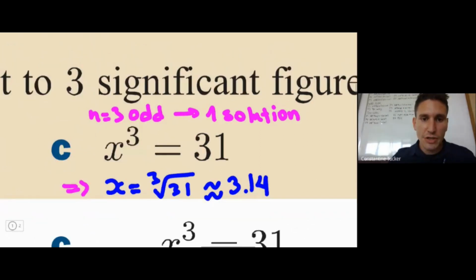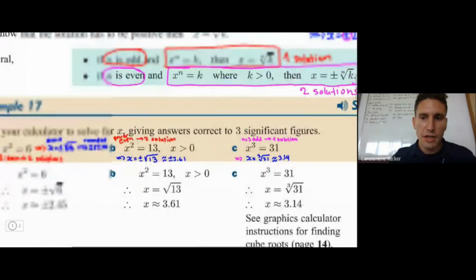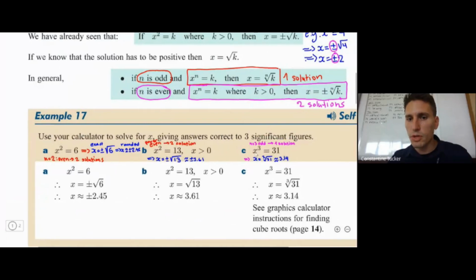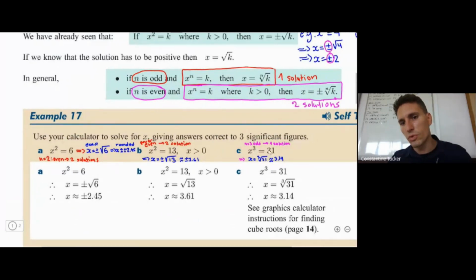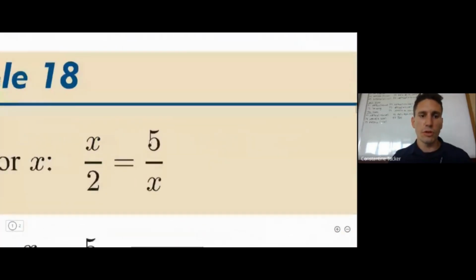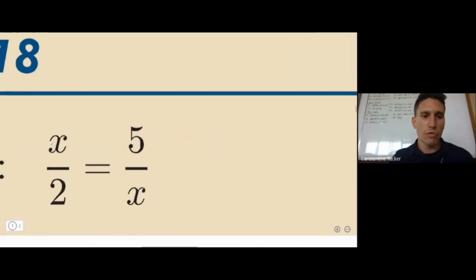So what have we seen so far? We've seen that in the first two cases, the power was 2, which is even, so we have two solutions, plus or minus the root, whereas here we had x cubed, which means we only have one solution, the cube root of the number on the other side. Now, let's move on to a problem which looks slightly different. So they say solve this problem.